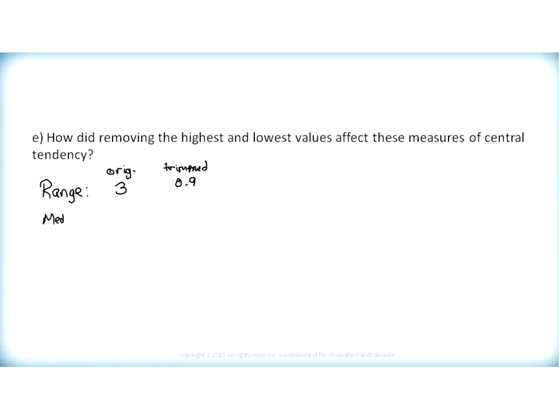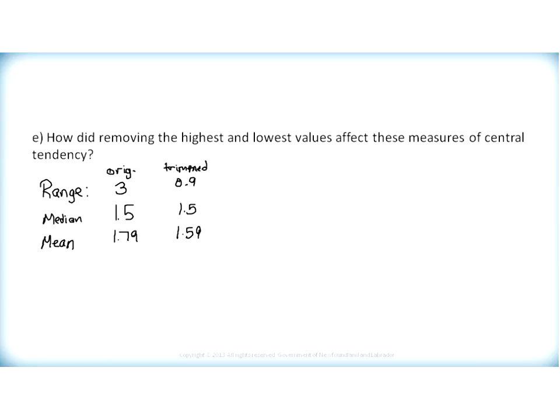My median originally was 1.5, and later on it was 1.5. My mean was 1.79, and now the trimmed mean is 1.59.